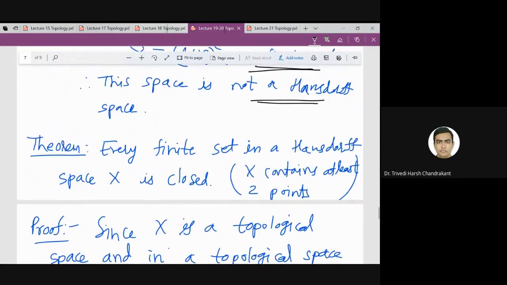After this example, we discussed one result: every finite set in a Hausdorff space is closed. We have a collection of topological spaces, and then we have a subfamily of that known as Hausdorff spaces.